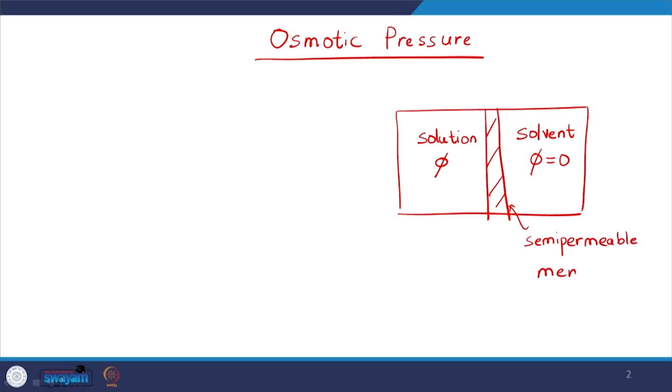And I re-emphasize that it is just a hypothetical construct. The idea is applicable whenever we have a solution and solvent. The membrane does not have to be physically present there.